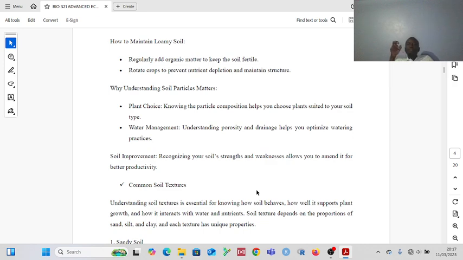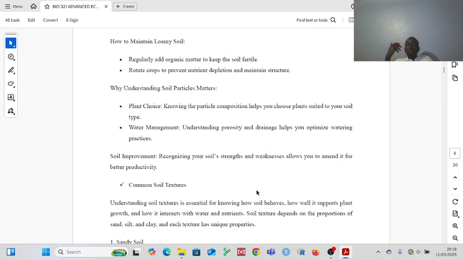When you recognize the strengths and weaknesses of the soil that you have, it will enable you to amend and improve it. If you are dealing with loam soil, for example, and someone else is dealing with sand, the type of improvement needed in these two different types of soil particles is different.